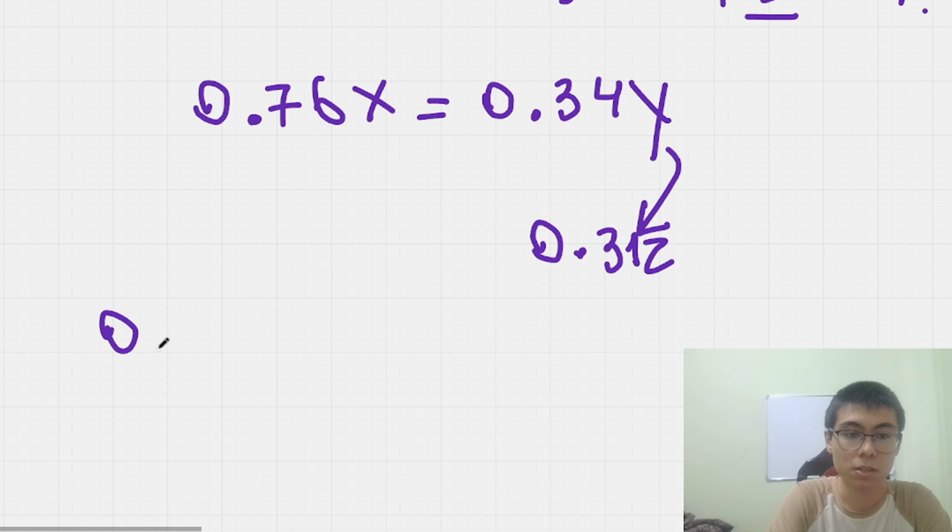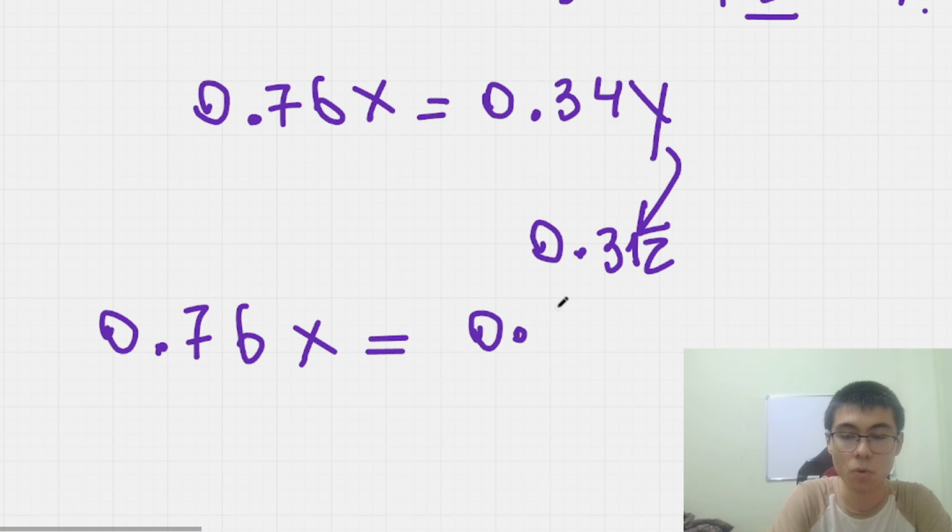So 0.76x equals 0.34 multiplied by 0.31z.